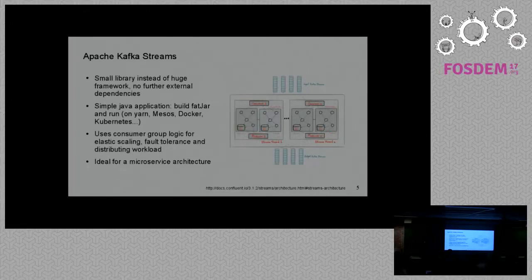And due to its very small footprint, it's ideal for a microservice architecture. So you can have your different services all run Kafka Streams applications that do the transformations, read from the Kafka cluster, and then expose that information back as a topic in the Kafka cluster.